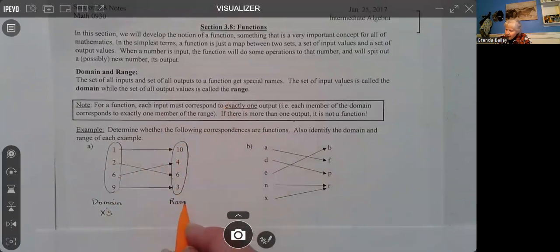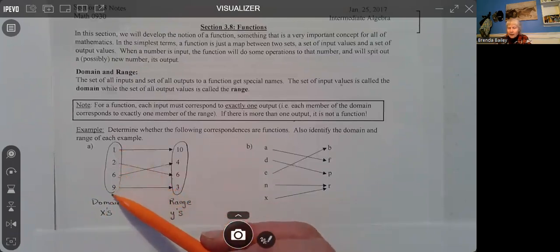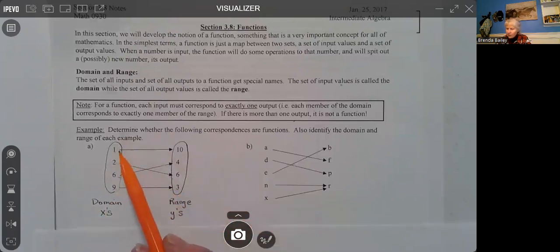And in our equations, it's usually going to be the y's. So what goes in is the domain, and what comes out is the range. In order to determine if it's a function or not, we pay attention to the domain only. As long as the 1 only goes to the 10, nothing else.